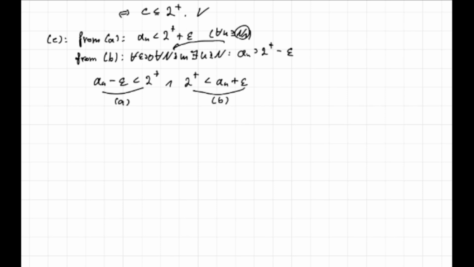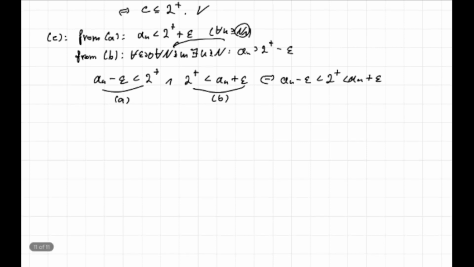We know this from B. And of course, that's just the same as an minus epsilon is smaller than L plus is smaller than an plus epsilon. And this just means that an lies in the epsilon field of L plus. So we have also proven this.